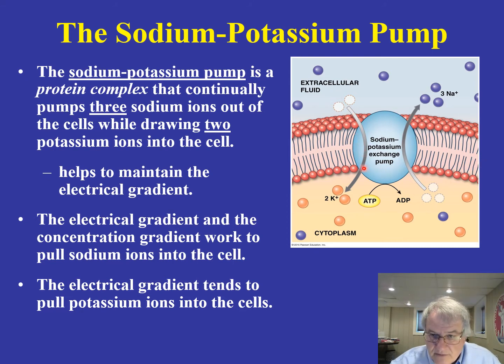Here's our potassium ions being pumped in that you see right here. That electrical gradient and the concentration gradient in terms of those ions, that's going to pull sodium into the cell. The electrical gradient is going to pull potassium ions into the cell. So again, this sodium pump concept is very important for understanding what the resting state looks like in the case of a neuron.